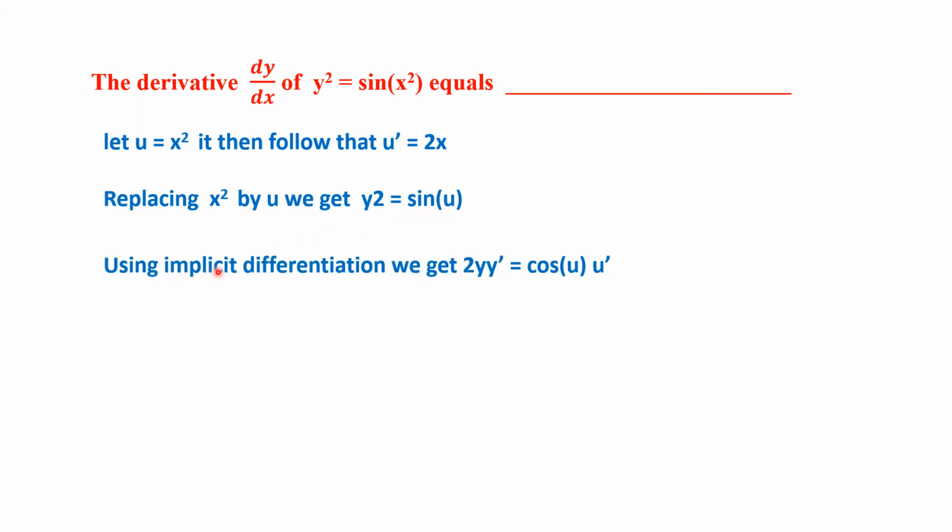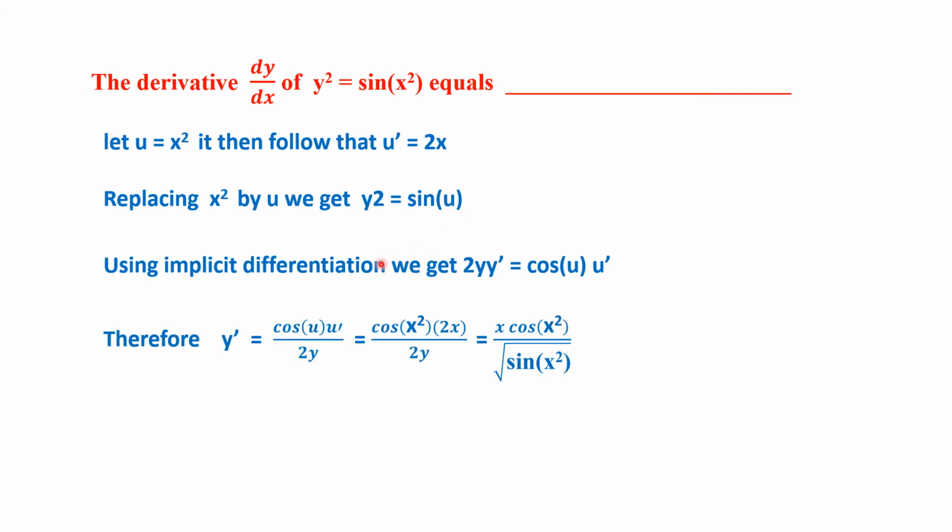Using implicit differentiation, we get 2y prime, which is the derivative of the left hand side, equal to cosine u times u prime, which is the derivative of the right hand side. Therefore, if we solve for y prime, we get y prime equal to cosine u times u prime divided by 2y. Instead of u, we put x squared, and instead of u prime, we put 2x.